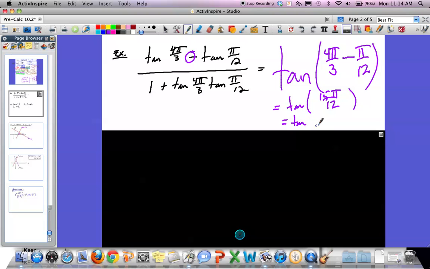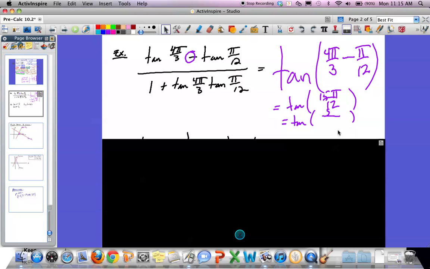That's the tangent of 5 pi over 4. That's a nice one. What does 5 pi over 4 reference to?